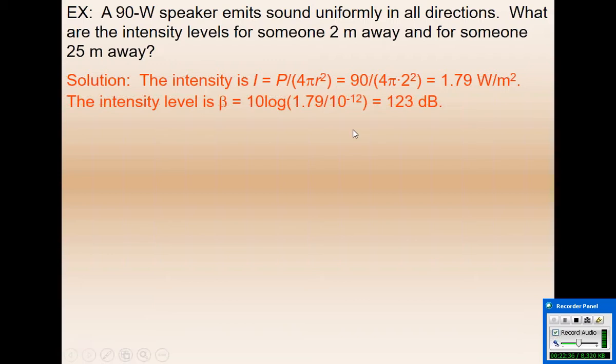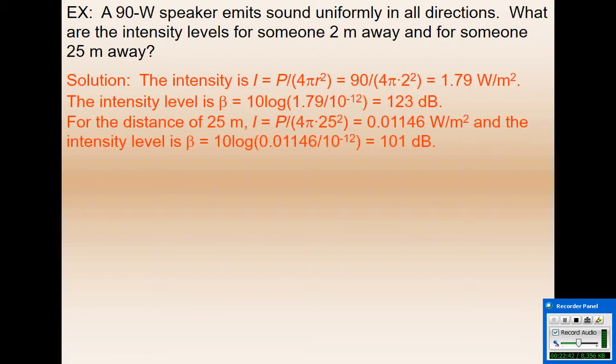Intensity level is 123 decibels. What if they're 25 meters away? It's the same calculation, except now r equals 25, and we get an intensity of 0.01146 watts per square meter, and a resulting intensity level of 101 decibels.